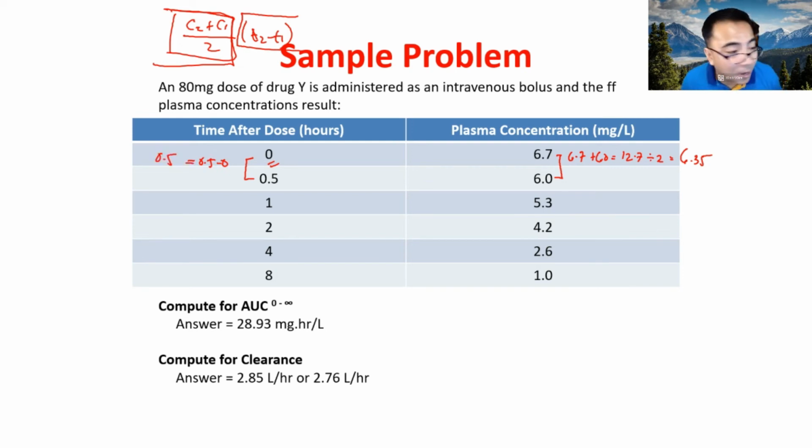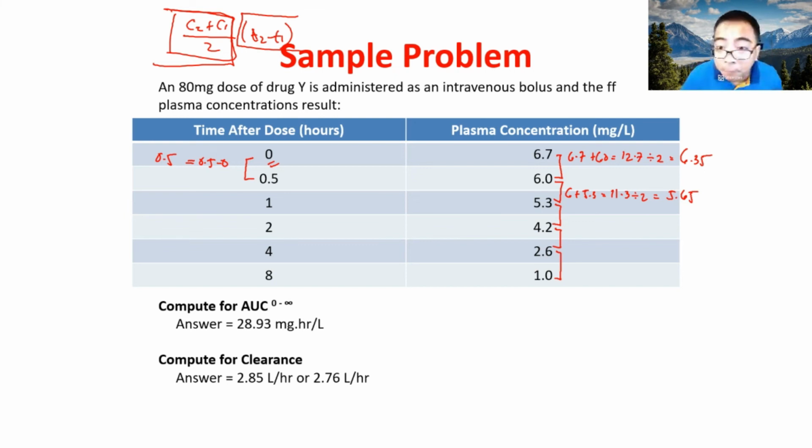Okay? So, ganito gagawin ko sa entire process here. Unahin ko muna itong nasa y-axis. So, 6, 5.3, 5.3, 4.2, 4.2 to 2.6, and 2.6 to 1. So, 6 plus 5.3 equals 11.3 divided by 2, we get 5.65.